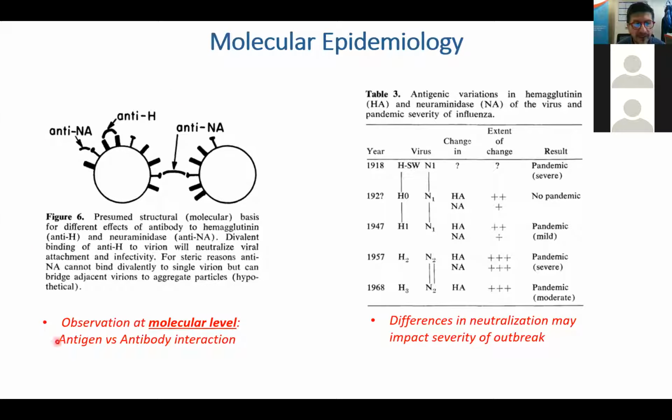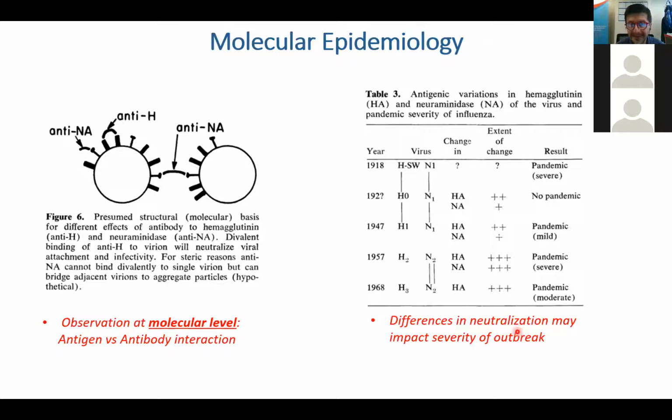This here is one of the first studies, or I should say observations, based on laboratories and thinking only of proteins, where at a molecular level we were beginning to think of the interaction of the antibodies against the different proteins of the virus, the hemagglutinin and neuraminidase, and how this was generating a change or an impact on the hemagglutination capacity of the influenza virus.